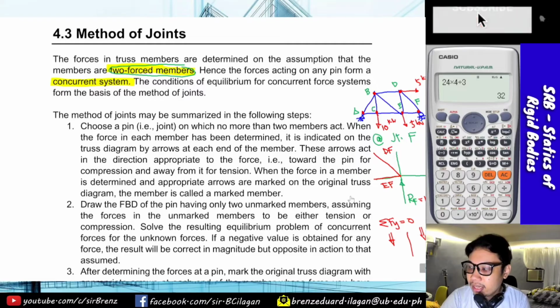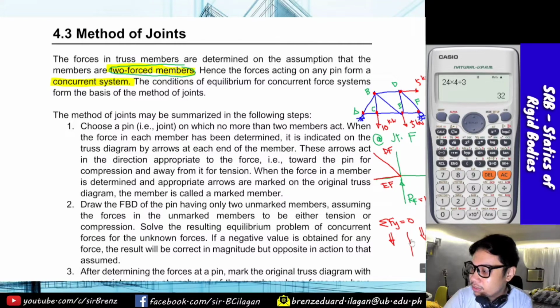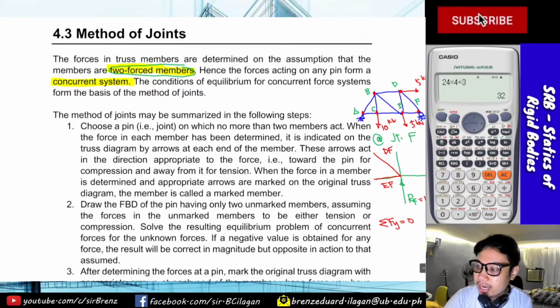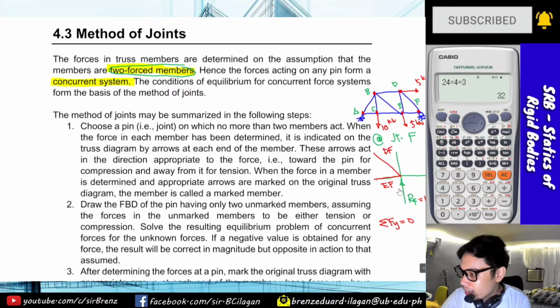Hindi katulad ng i-simplify mo pa, iipod-ipod mo yung ano, dadalhin mo sa kabila, bago mo madala sa calcu. So, dito sa approach na to, diretso mo nang i-encode sa calcu. So, kung medyo kabisado mo na nga yan, hindi mo na kailangan sulat yung equation eh. Diretso saksak agad sa calcu. Kaya mo na siyang isolve. Okay. So, again, balik tayo dito.